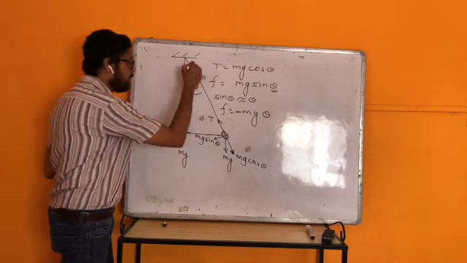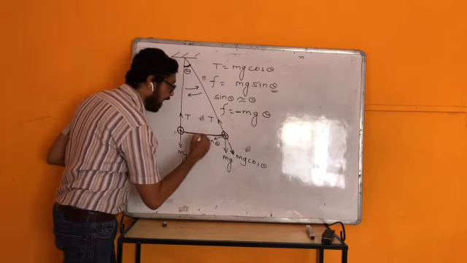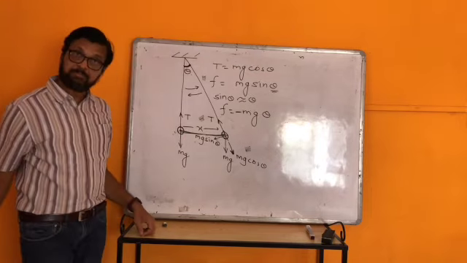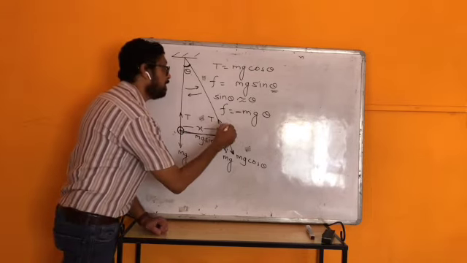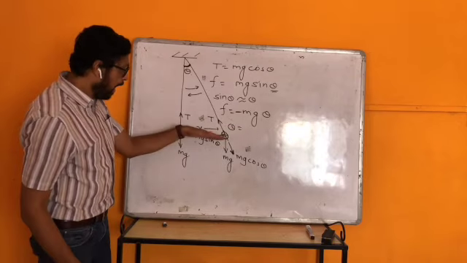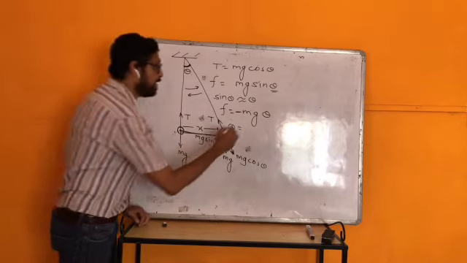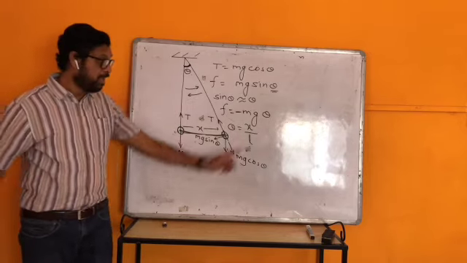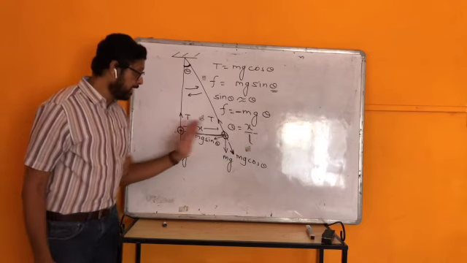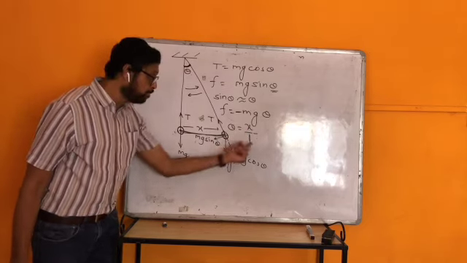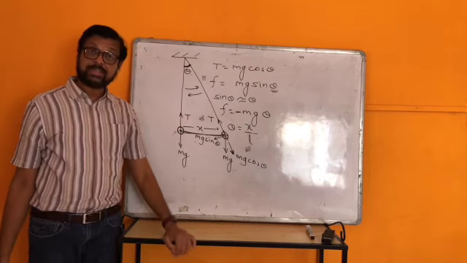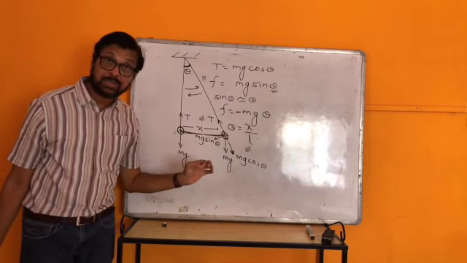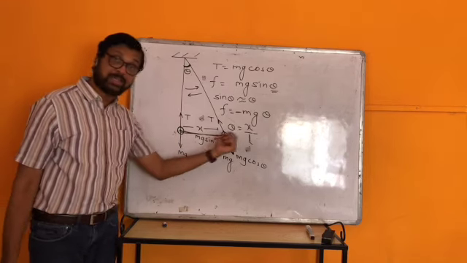So as theta is very small, this arc is a straight line, meaning it is nothing but displacement from the mean position, and we can say that theta is equal to arc upon radius, that is x by L. So theta can be written as x by L, where x is displacement from the mean position and L is length of the simple pendulum. And remember that whatever we are talking about is for very small displacement.